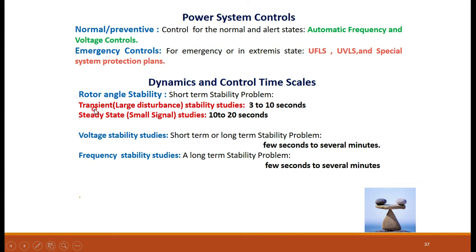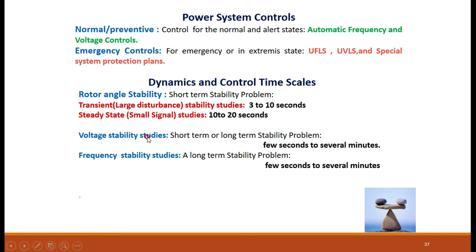If a large disturbance occurs, the variation of the angle delta is large, and stability studies are within a very short period of time, that is 3 to 10 seconds, and you have to take appropriate corrective measures here. Under rotor angle stability itself, in the case of small disturbances or steady state stability studies, the study period is around 10 to 20 seconds.